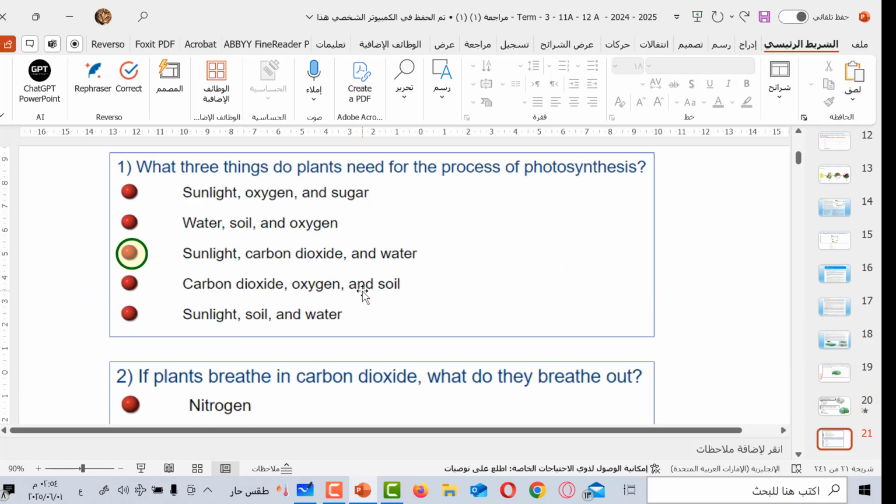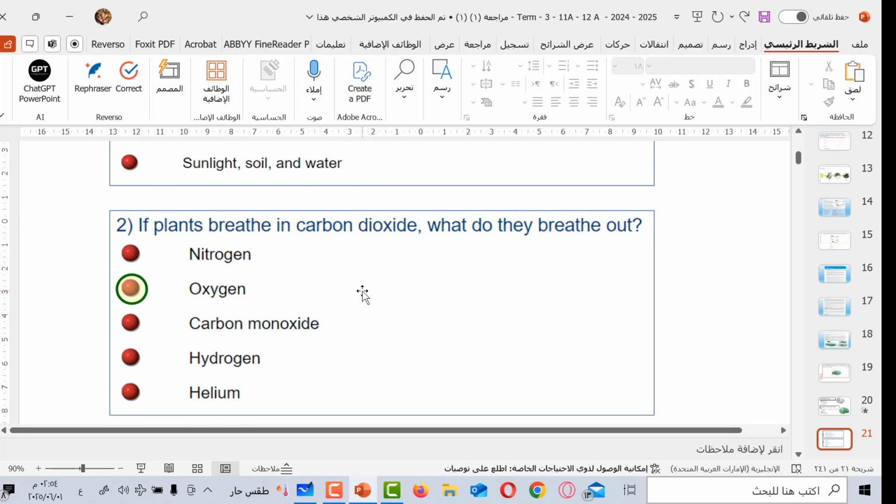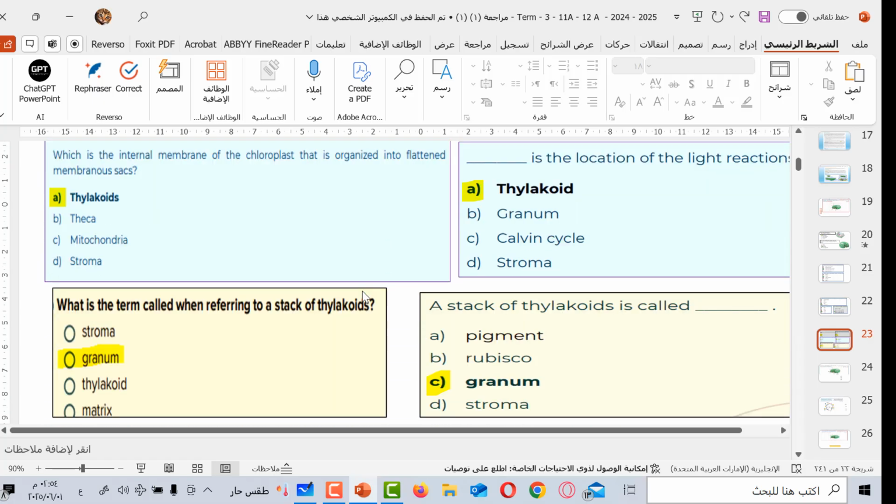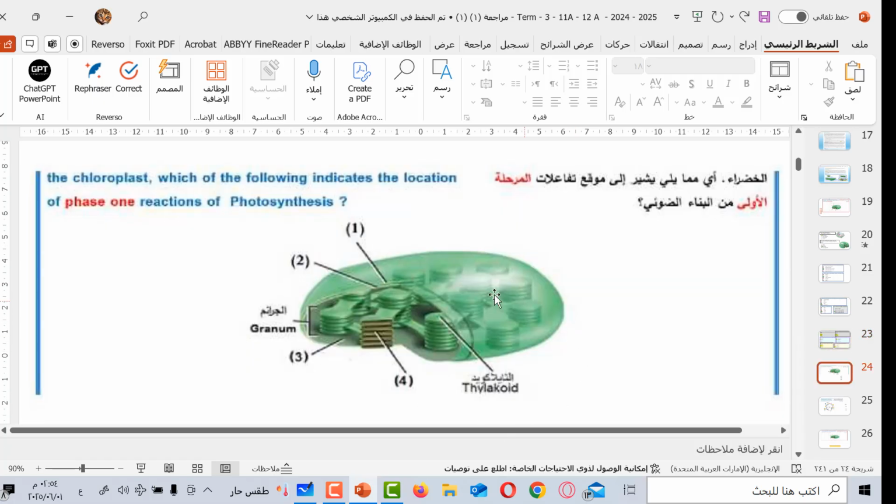All right, and this is another question. Okay, we will see another picture. Let us see the same, asked about the phases. Okay, let's see the chloroplast. Which of the following indicates the location of the phase 1 reaction of photosynthesis? Where does the first stage of photosynthesis happen?